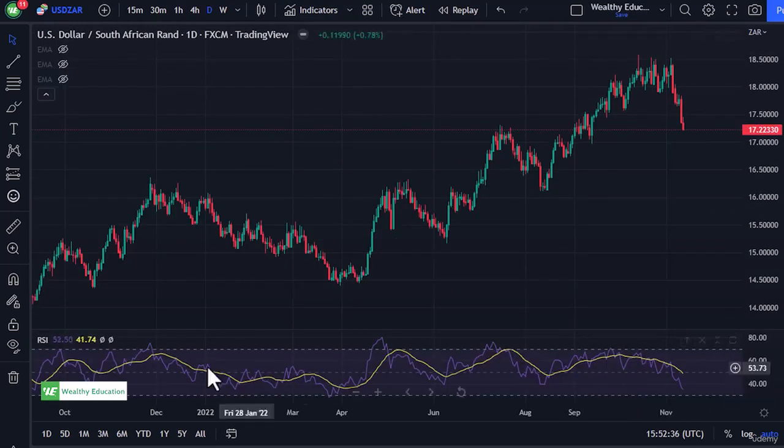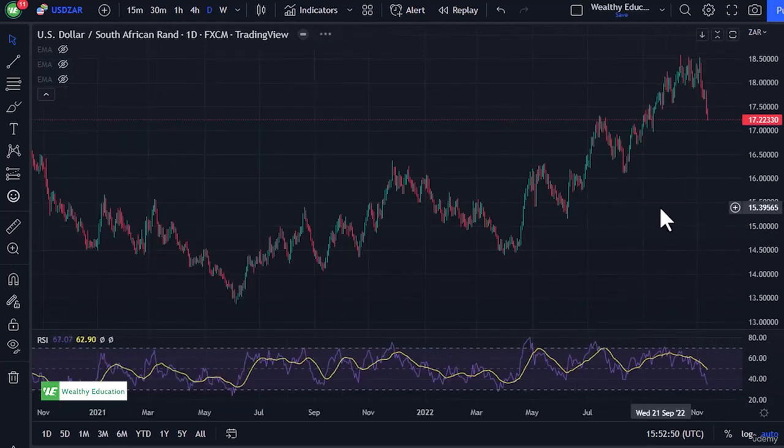There is a purple line here that pops out above or below the range that is marked between 30 and 70. And the idea is that anytime you see it pop above, the market's overbought, perhaps due for a pullback. When you see it break below, it's oversold, perhaps it's due for a bounce.